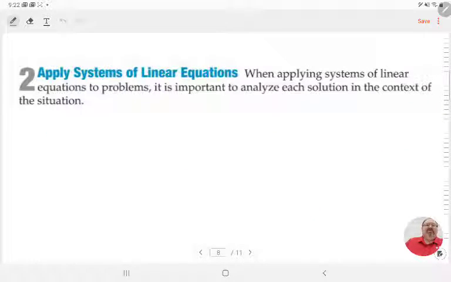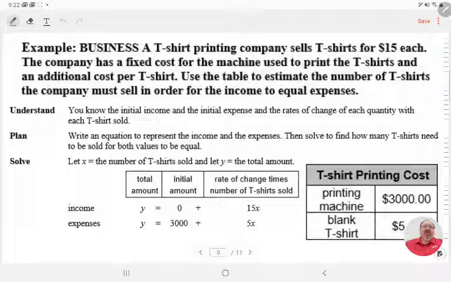So now, applying system of linear equations. When applying systems of linear equations to problems, it is important to analyze each solution in the context of the situation. So, a t-shirt printing company sells t-shirts for $15 each. The company has a fixed cost for the machine used to print the t-shirts and the additional cost per t-shirt.